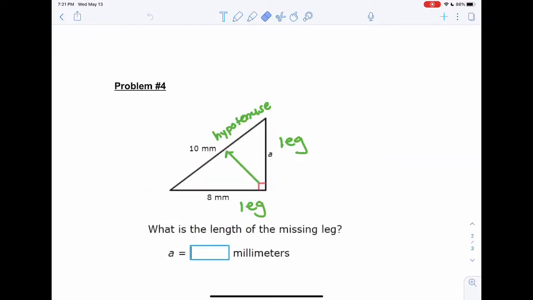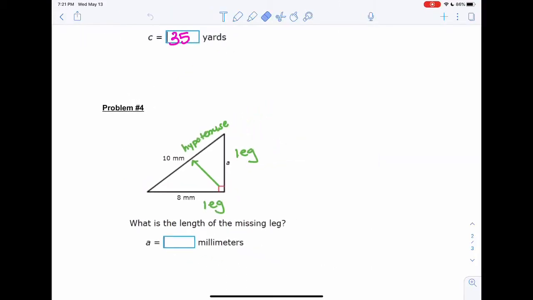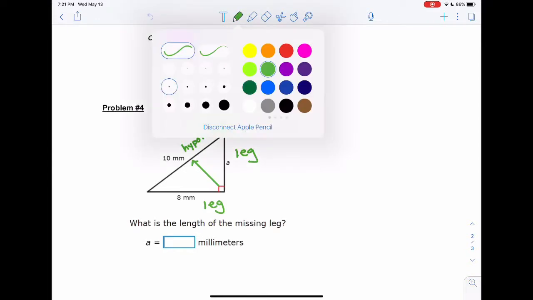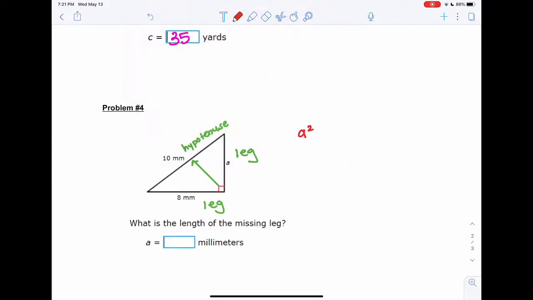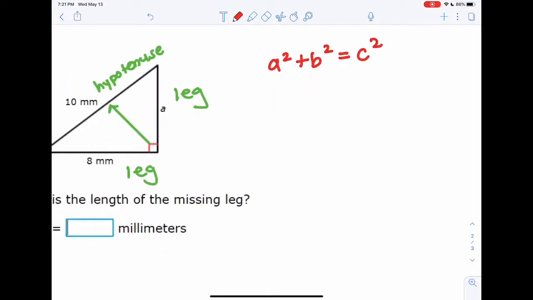Let's go ahead and write our formula. So we get a squared plus b squared equals c squared, or leg squared plus leg squared equals c squared.